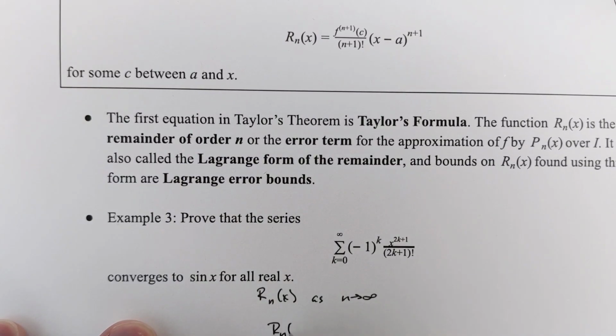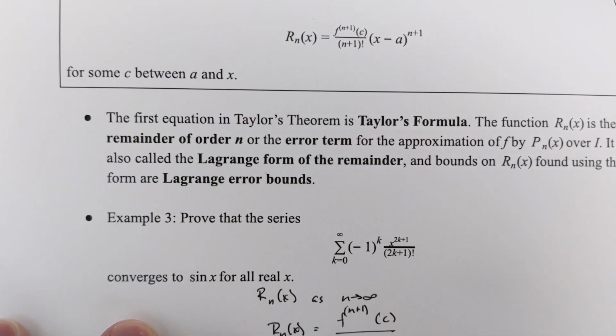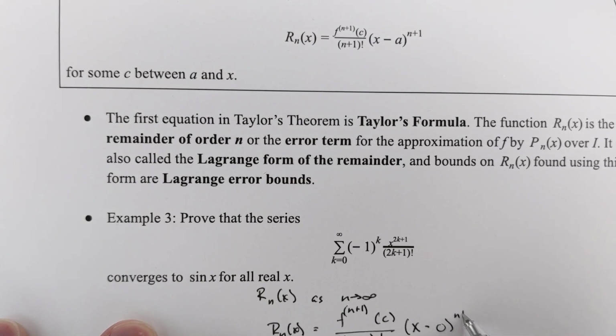So R_n of x is equal to f of n plus 1, the n plus 1th derivative at some value c, over n plus 1 factorial, times x minus 0 to the n plus 1.